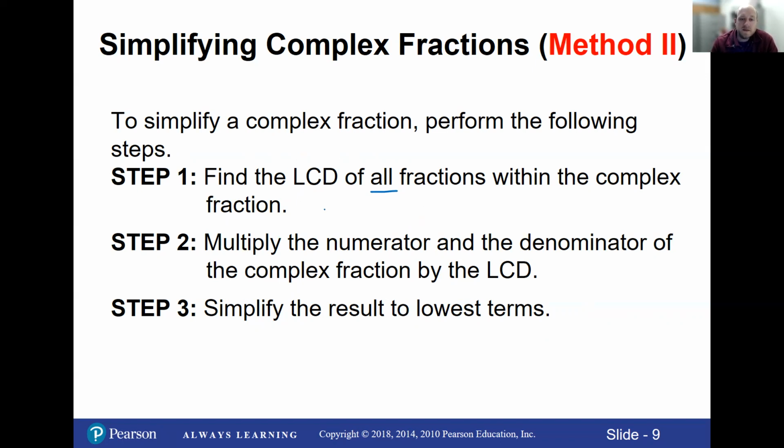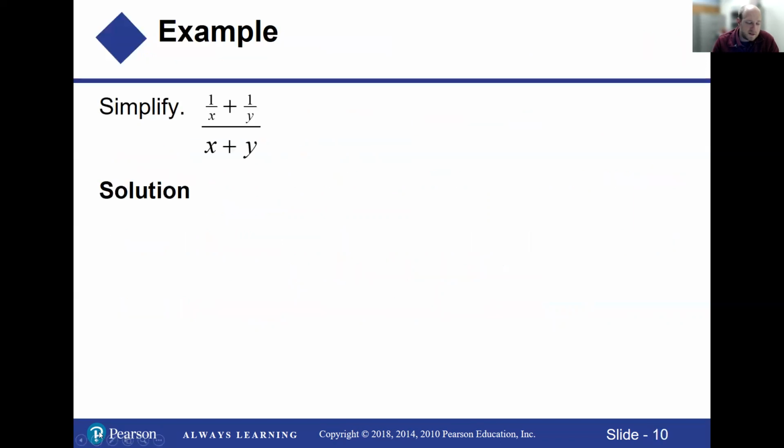Again, find the LCD of all of them, multiply each term within the numerator and denominator of that complex fraction by the LCD, and then simplify it. So let's see what this looks like. I'll also show you later that homework problem we did earlier with this method.